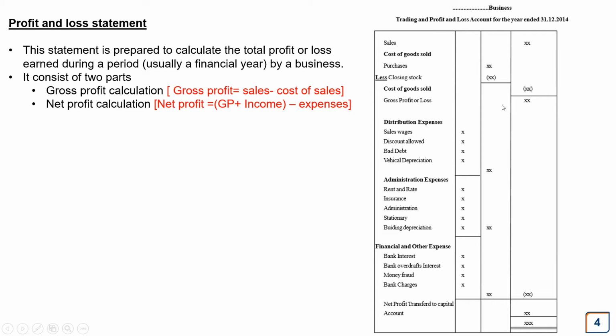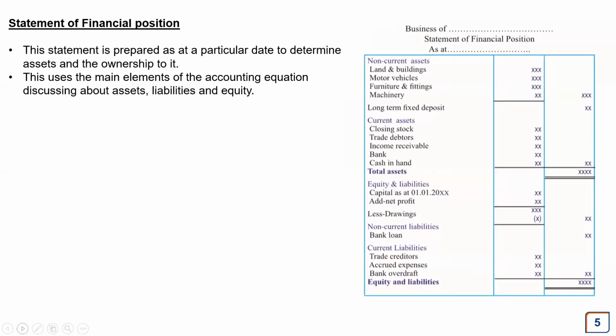And then we take the net profit by adding income and deducting the expenses made. Finally, it is this net profit that we take to the statement of financial position. So this is how we prepare the profit and loss statement.